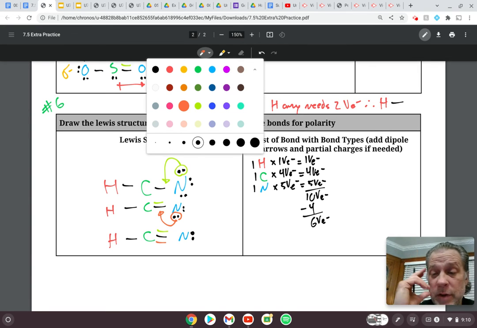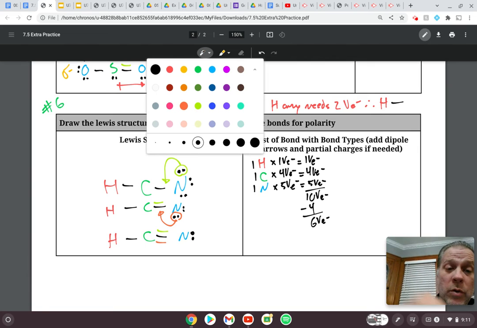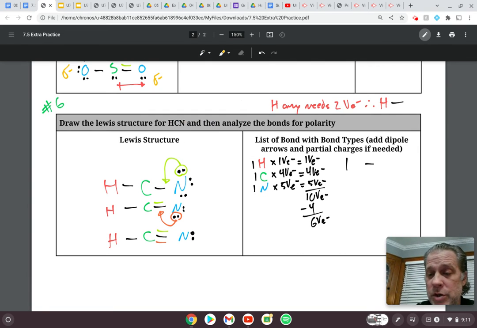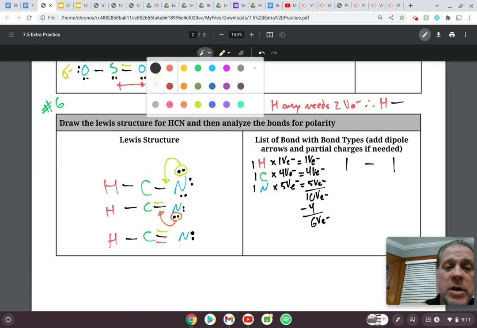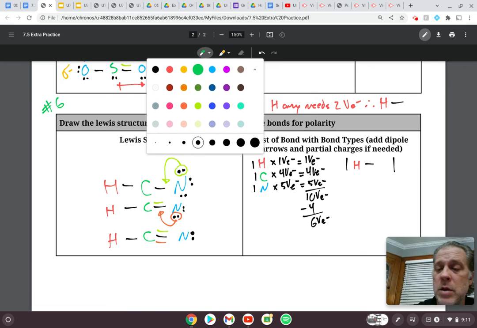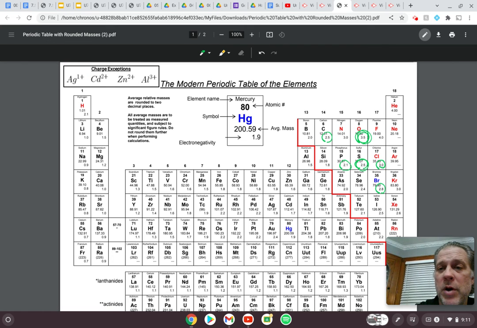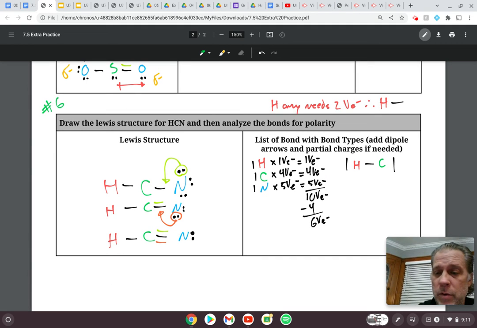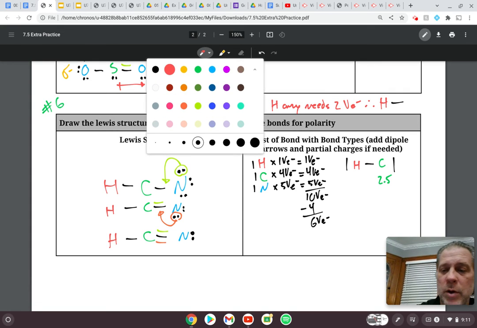The last thing we have to do is identify polarity. So we're going to be looking at the relationship between carbon and hydrogen. So if I jump over here to the periodic table, I'm going to see that carbon is a 2.5 and hydrogen is a 2.1. So let's see, 2.5, hydrogen is a 2.1.